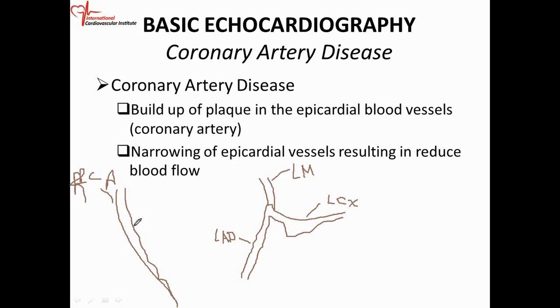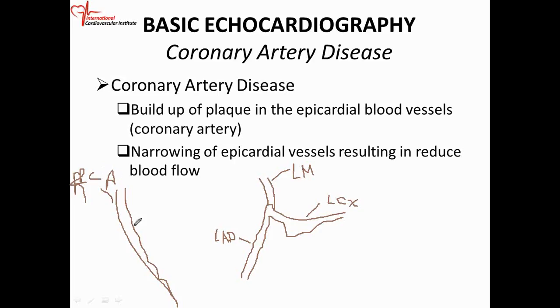And these plaques can grow until they obstruct blood flow in the blood vessel. So you can have a gradual buildup of the plaque, and you can have gradual obstruction to the blood flow.